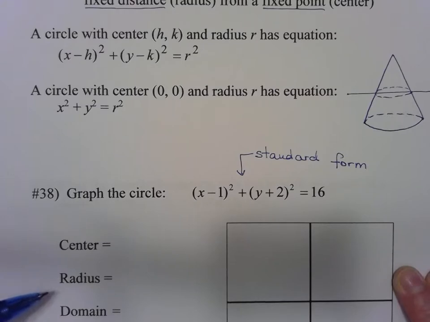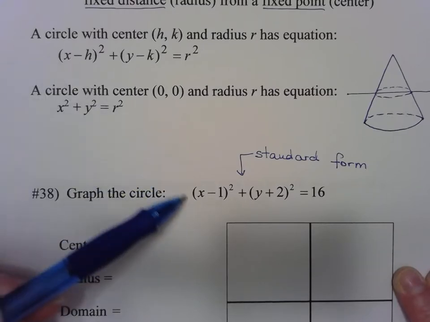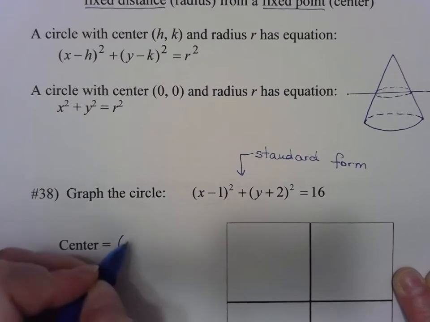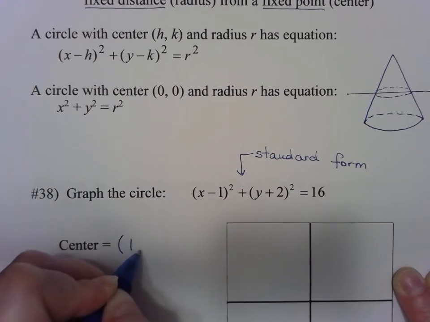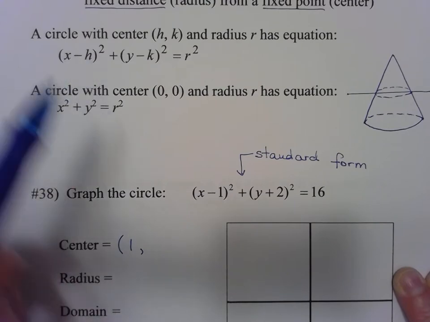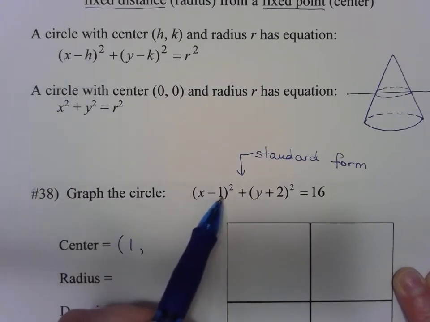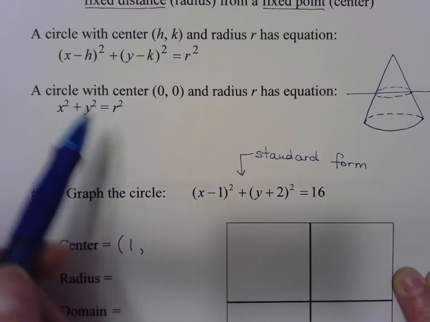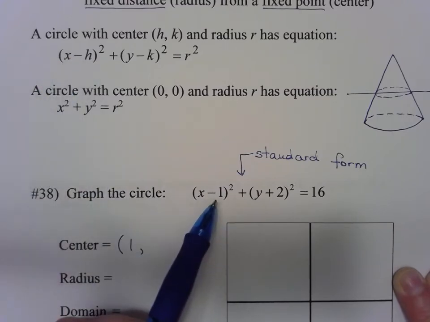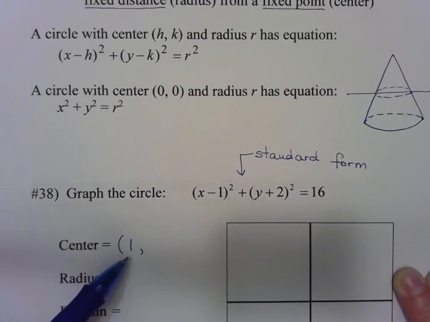So the center is h comma k. If you compare these two, what would be the value for h? So the value for h would be 1. Notice we have x minus a number, and here we have x minus a number. So the minus is sort of built into the formula. So even though we see a -1 here, we actually are taking the opposite for the value of h.